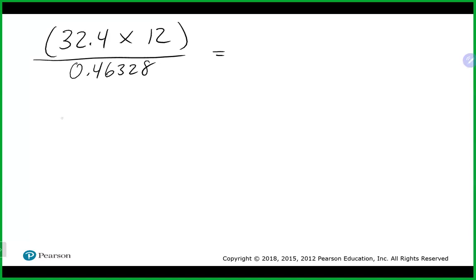Why don't you also do this one? Let's say we're doing 62.5 divided by 0.2468. I'll throw an 8 in there maybe.